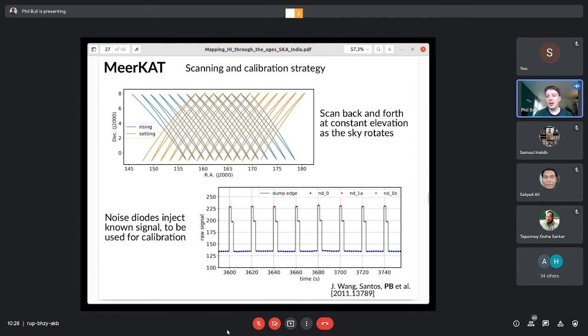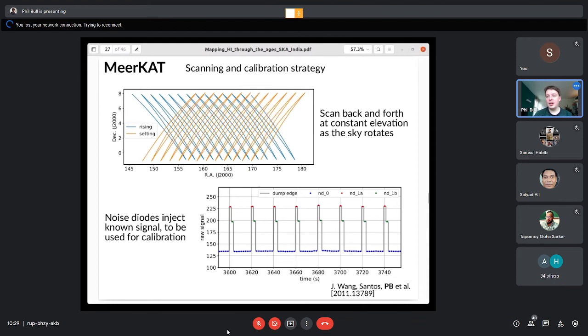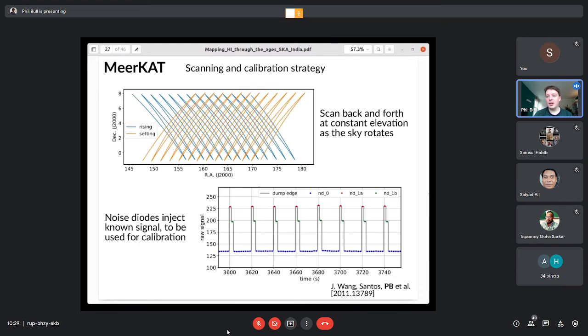Scan strategy, so RA and DEC along the X and Y on the top here, and depending on whether the field is weak, to avoid adding ground spill, we had some time dependence due to ground spill, so we stick at constant elevation, and we just scan the sky like this in this nice cross pattern, and we can actually build up pretty good maps from that.